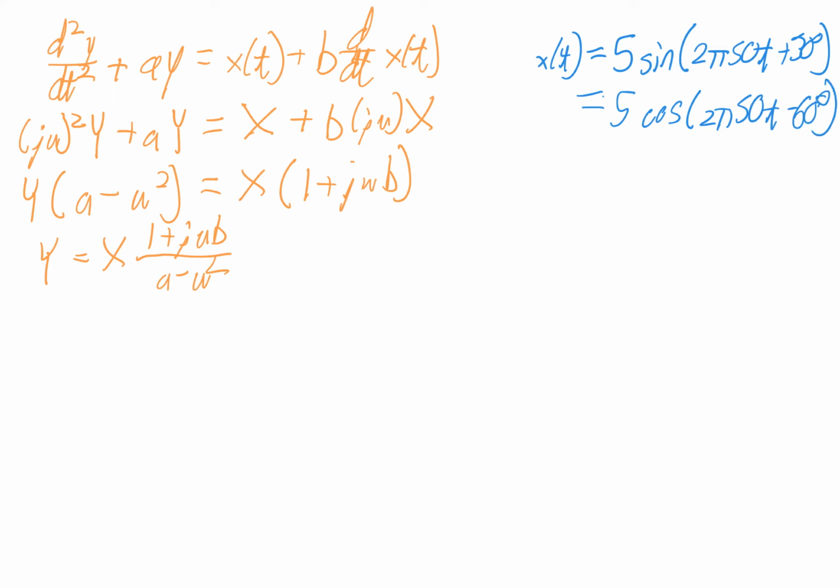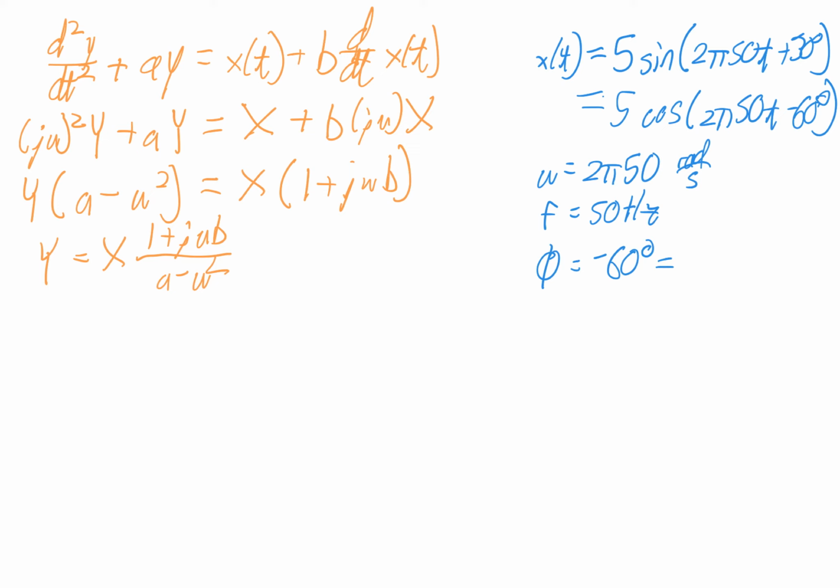And now I have a couple quantities I can extract from this. I have omega equals 2 pi times 50, or the frequency is equal to 50 hertz. And my phase is minus 60 degrees.